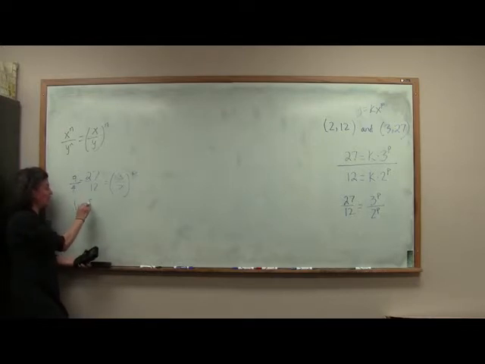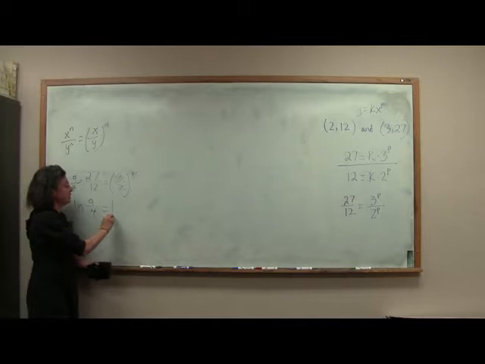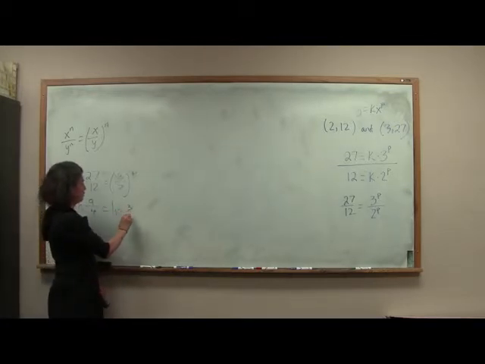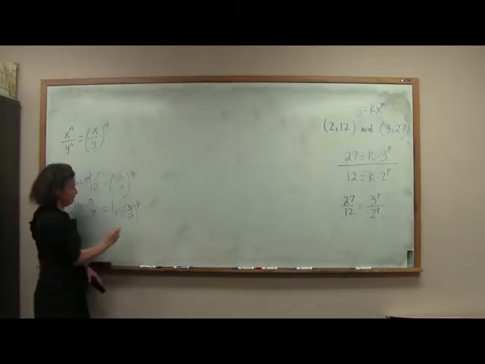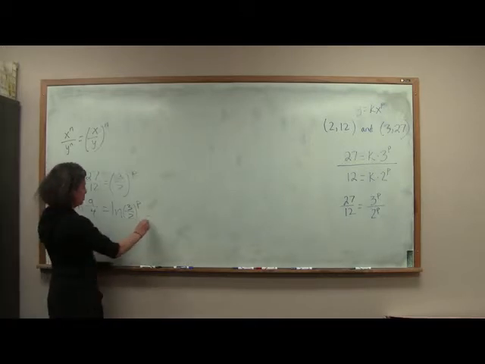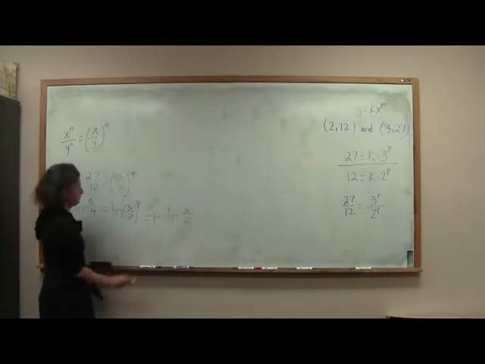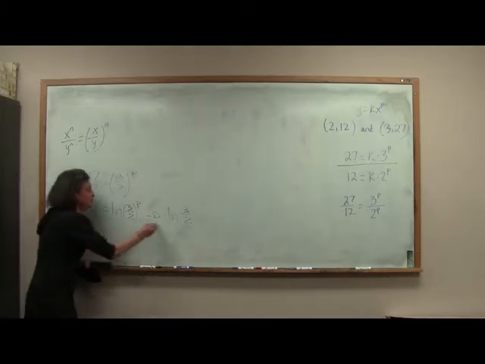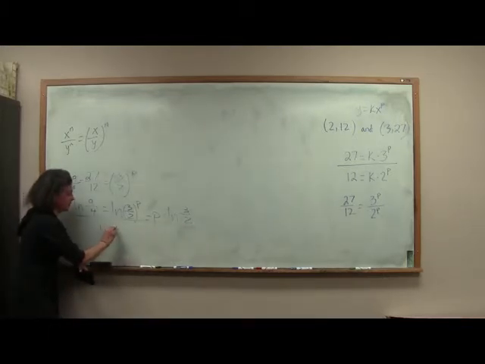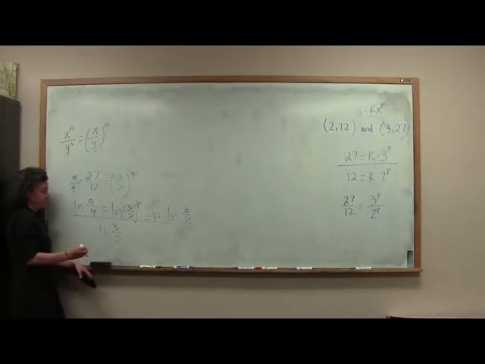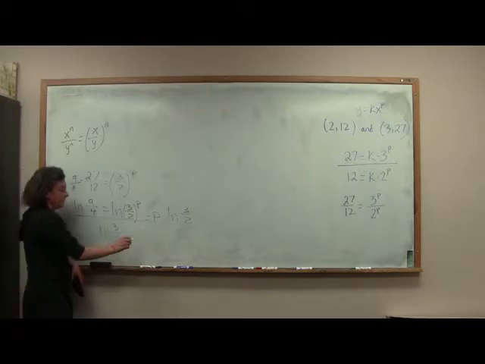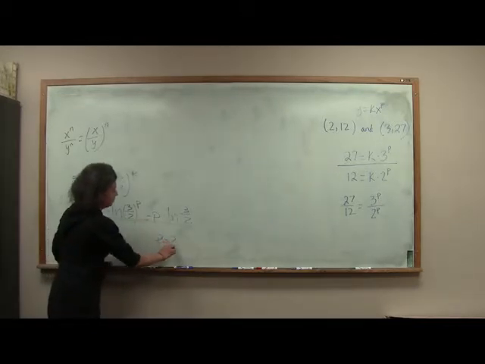You would take the log of the left equals the log of the right. You would bring your exponent down in front. And then you would divide both sides to get p alone. I claim if you take the natural log of 9/4 divided by the natural log of 3 halves, you're going to get 2.